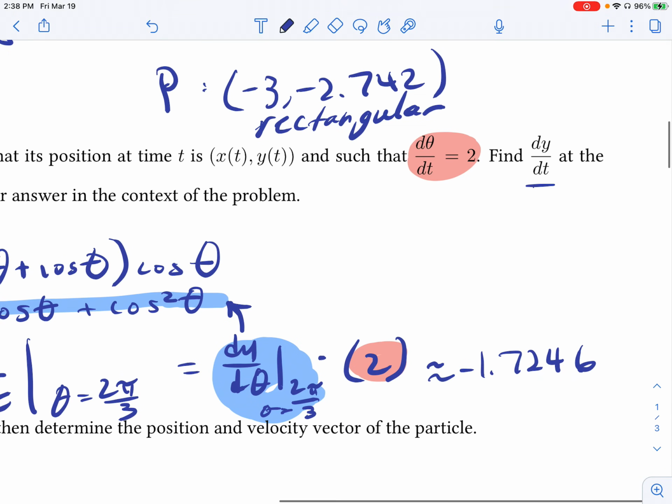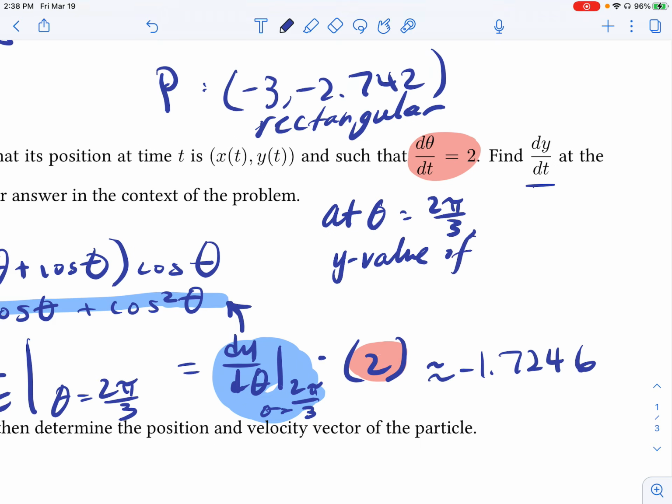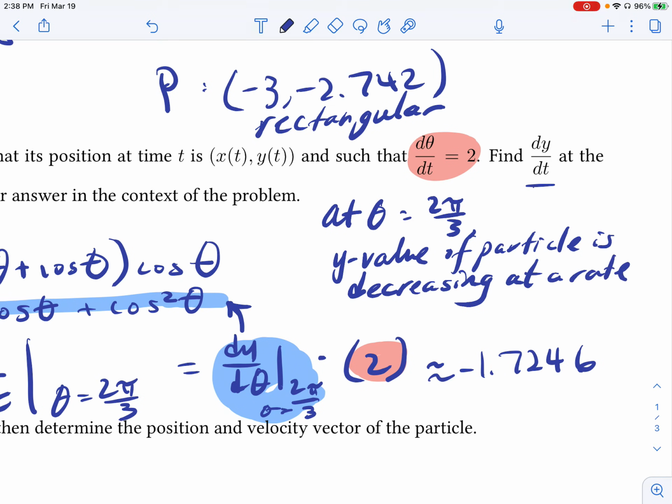What we're saying is that when theta is equal to 2 pi over 3 radians, the y value of our particle is decreasing because it's negative. It's decreasing at a rate of 1.7246.